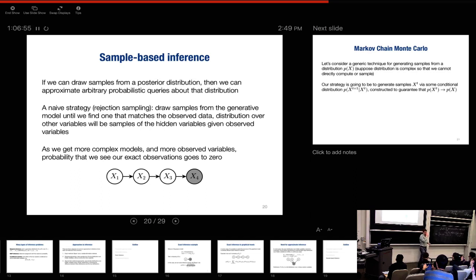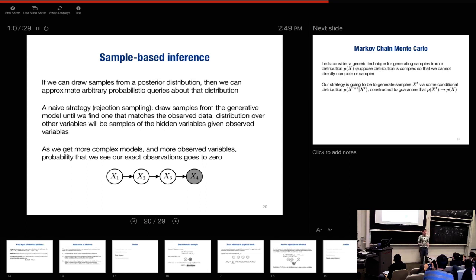The way I do that is I generate first x1, then x2 given x1, then x3 given x2, then x4 given x3, etc. One way to do what I want is to do that sampling process and then throw away all samples where x4 doesn't match my observed x4. I just keep those samples that do match my observations, and those are in fact samples from the distribution that I want to sample from.